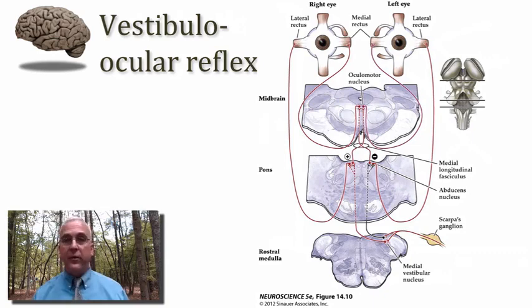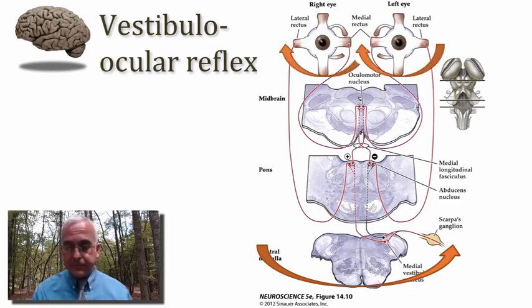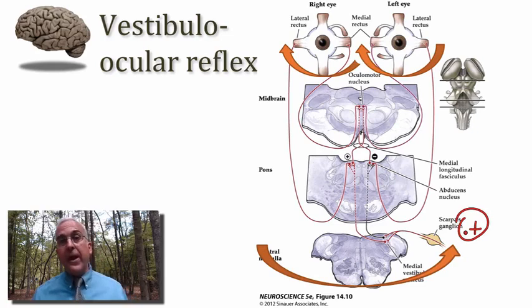So I'm trying to maintain fixation now at the camera while my head goes back and forth. As I move my head to the left, my eyes rotate to the right. The reason is that as I turn my head to the left, I'm activating the horizontal canal on the left side of my head. That's driving excitatory signals that are going to cross the midline.